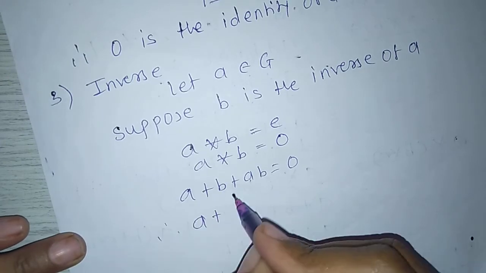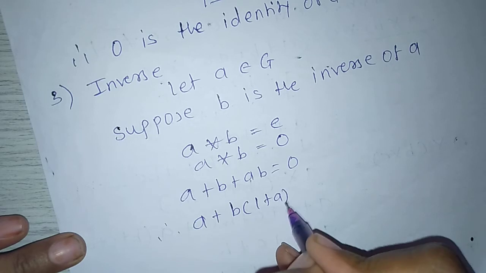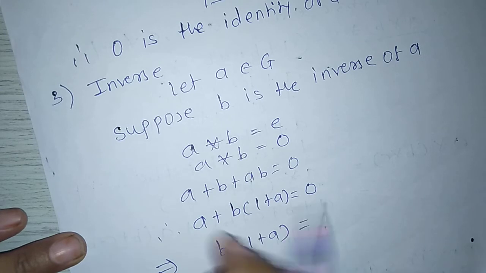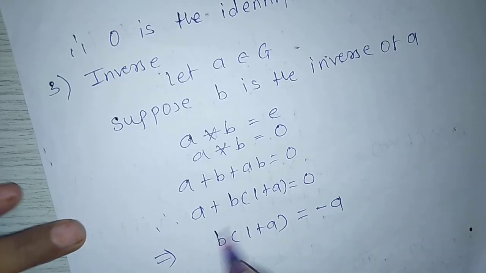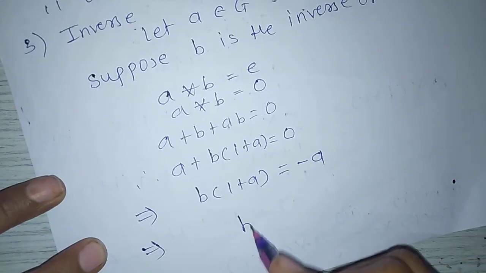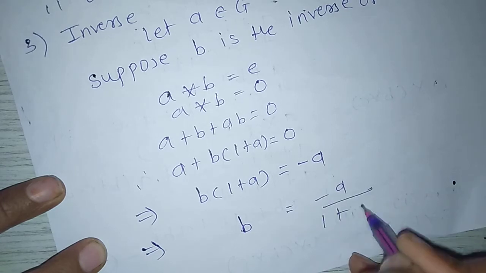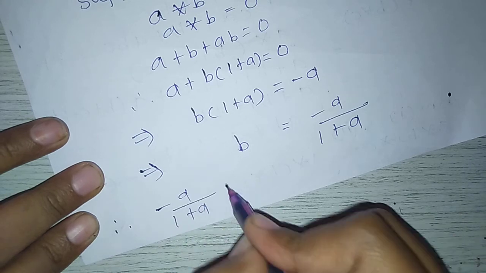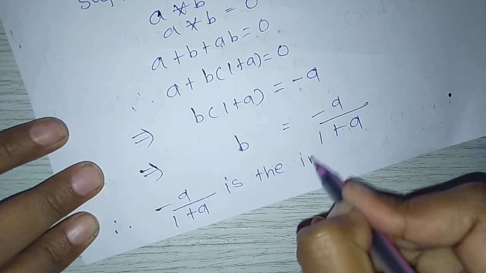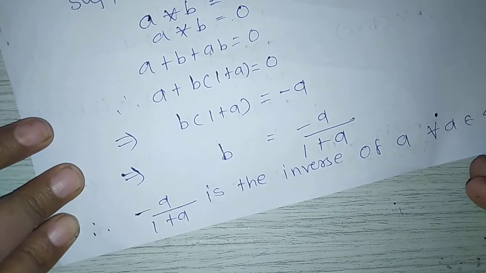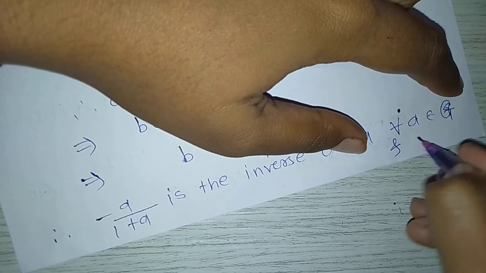Therefore, A plus, take B common, B(1 + A) = 0, which implies B(1 + A) = -A. We get B = -A/(1 + A). Therefore, -A/(1 + A) is the inverse of A for all A belonging to G and A not equal to -1.